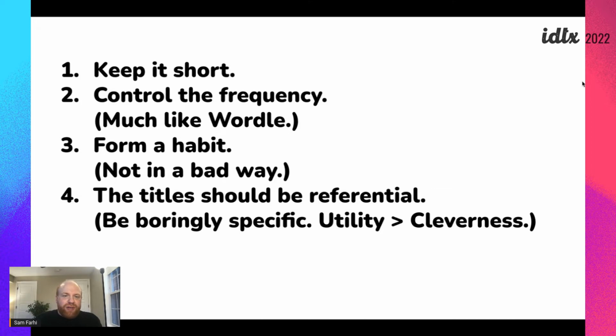And what I mean, and I was looking for the right word for this, because I believe that if a poem or a novel is referential, it means it alludes to Greek myths and things like that. But what I mean is that it's referenceable. And apparently that's not a real word, but titles should be referenceable. Okay, they should be boringly specific, and they should favor utility over cleverness.